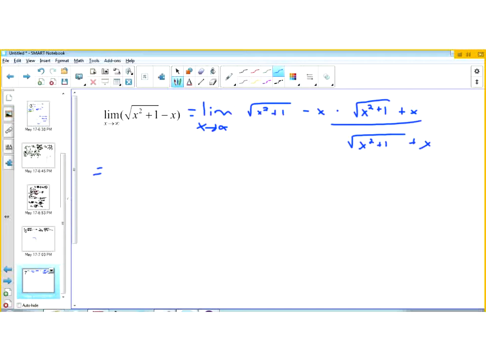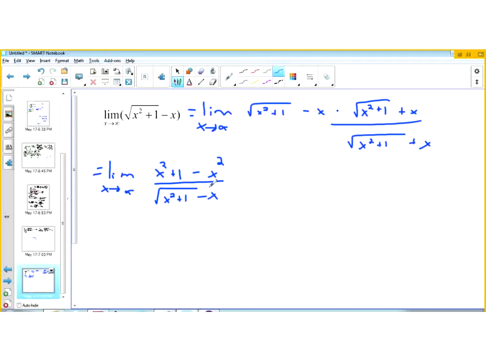Okay, and so this is equal to the limit as x approaches infinity of x squared plus 1 minus x squared, divided by the square root of x squared plus 1 minus x.